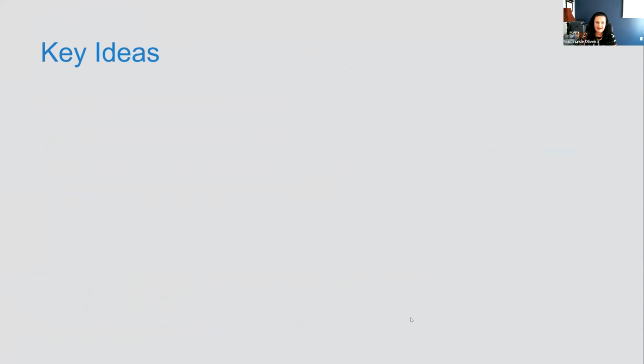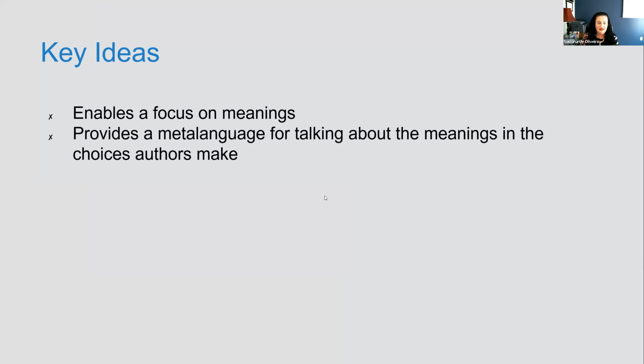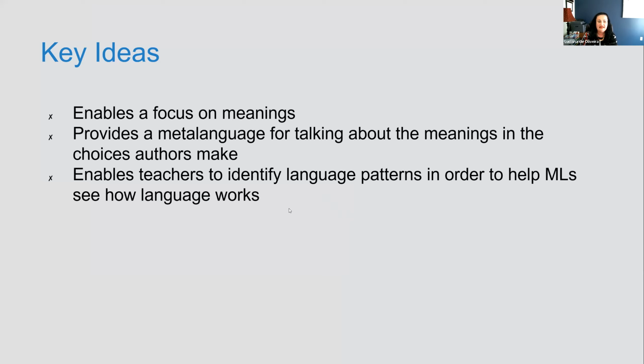I know I'm going fast, but there's a lot to cover in an hour and a half. Some key ideas of a functional approach. It enables a focus on meanings. It provides a metalanguage for talking about the meanings in the choices authors make. It enables teachers to identify language patterns in order to help multilingual learners see how language works.